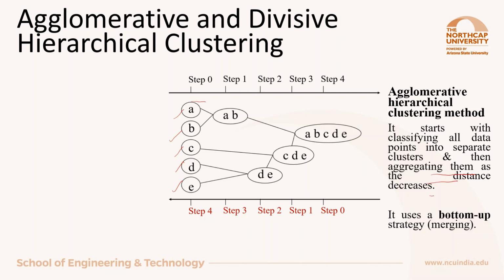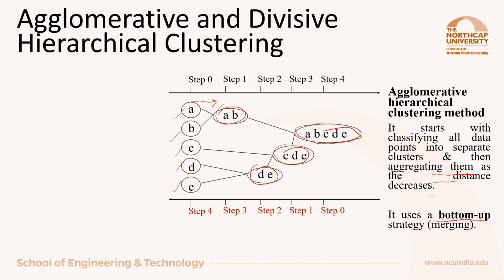Like this, you can see it starts from step 0, then in step 1 it aggregates A and B, in step 2 it aggregates D and E, in step 3 it aggregates C, D and E, and in step 4 it is aggregating all the clusters together.